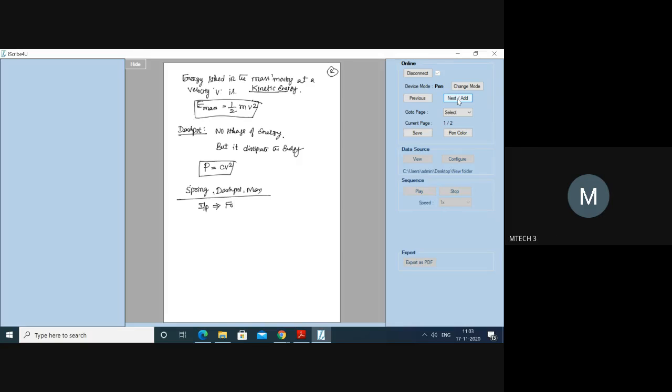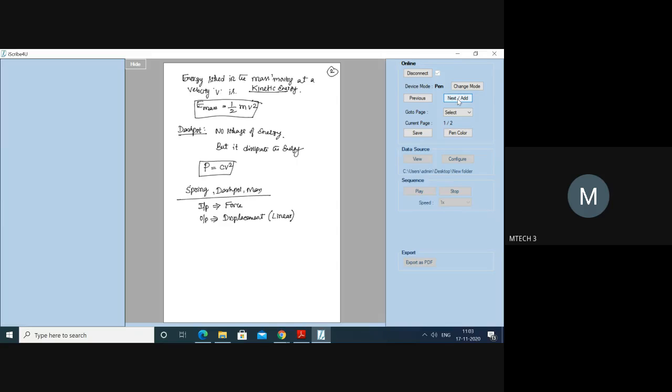Force. What was the output? Displacement. Now you tell me, was this displacement linear or rotational? Linear. In all the above cases, the displacement you have got is a linear displacement with the application of the force.